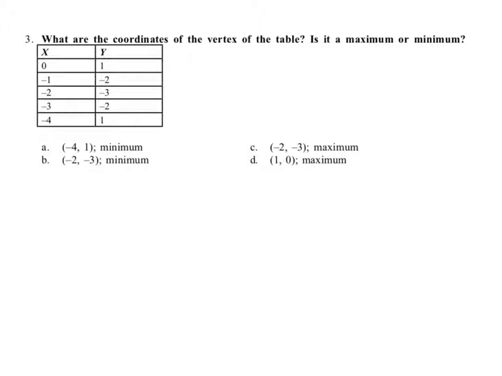If you're on a graph, and I'm just going to do a quick sketch of a graph here, on the x-axis we've got 0. Looking at the points they're giving us, 0 for x, -1 for x, etc. You've got 0, then -1, then -2, then -3, and then -4. You're just moving along the x-axis and saying, what's this coordinate? And then what's the matching output?